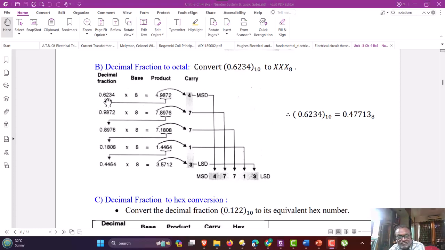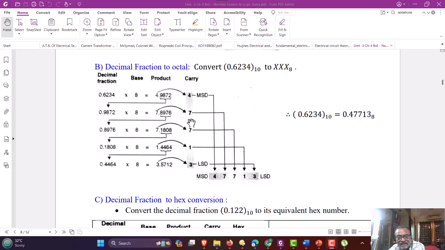Take the given fractional portion, 0.6234, multiplied by 8, and you get the product. From the product, the carry portion is taken out and the fractional portion remains as it is. The fractional portion is taken in the next step and multiplied by 8 again. Again a product is generated and the carry portion is noted down.